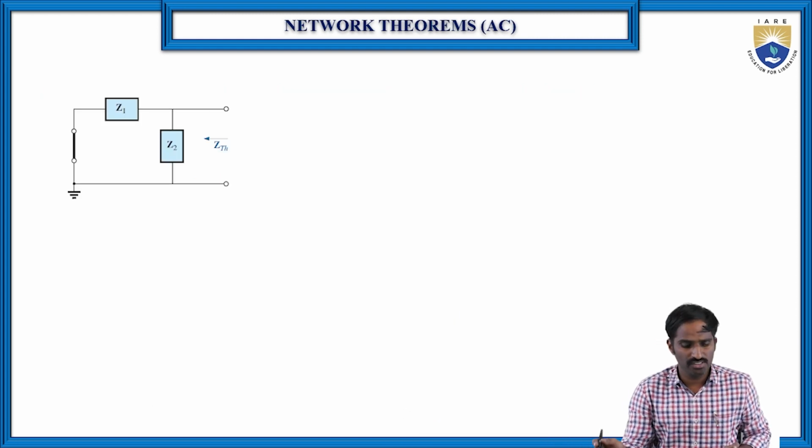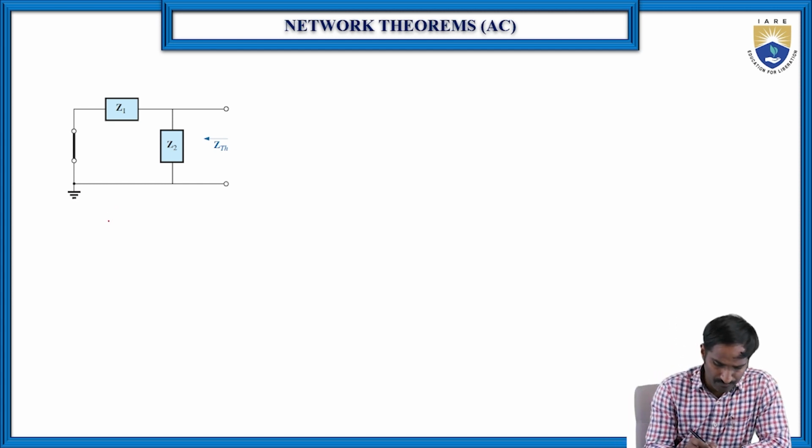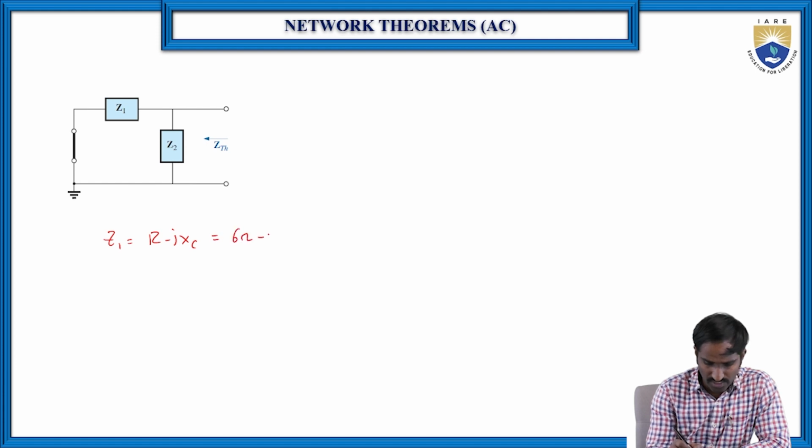It is very simple because here Z1 is equal to R minus JXC. Here R is 6 ohms and XC is 8 ohms, so minus J8 ohms.